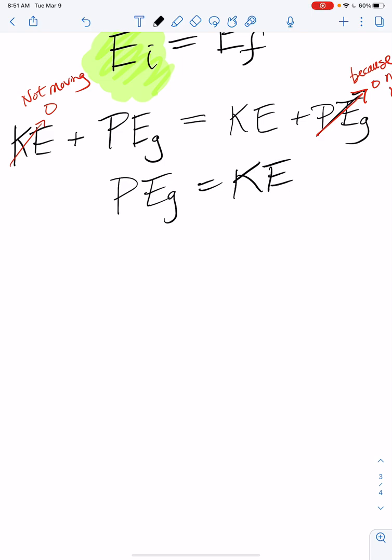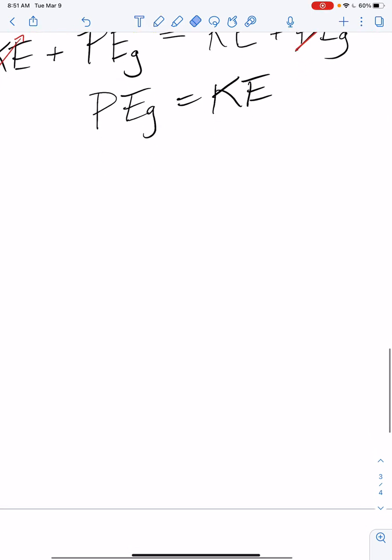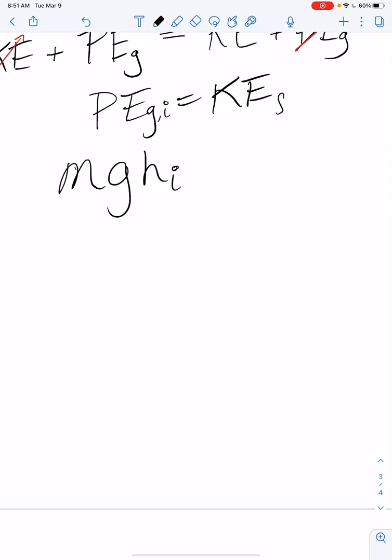Let's go ahead and fill in our formulas. Gravitational being m g h initial, because this is technically PE gravity initial, and this is technically KE final. And then over here we have 1/2 m v_f squared, our final velocity squared, and only the final velocity is squared, not the mass or the 1/2.